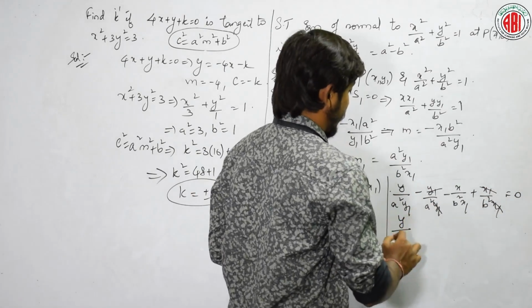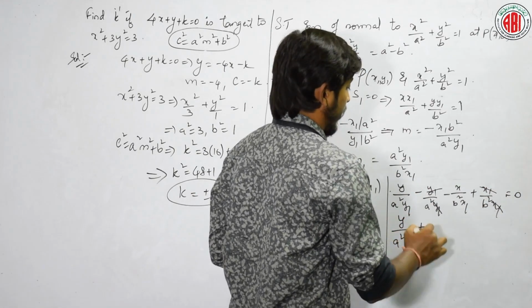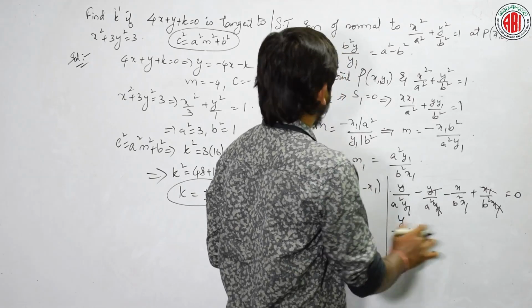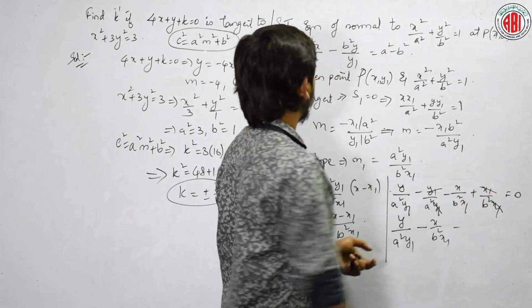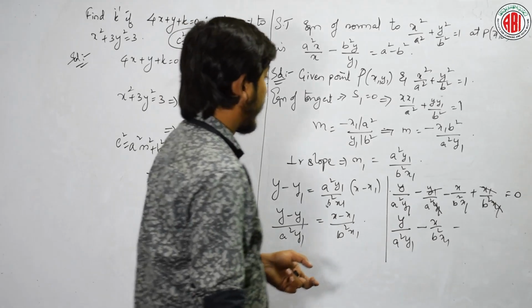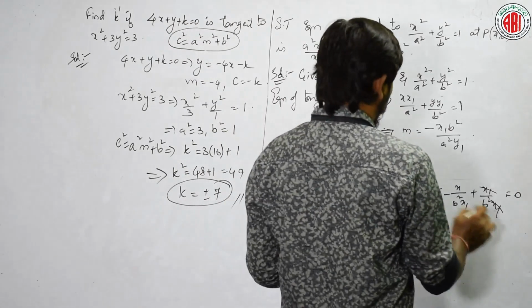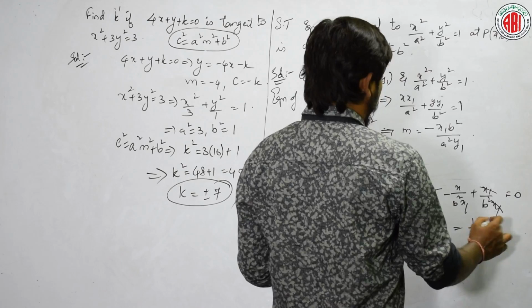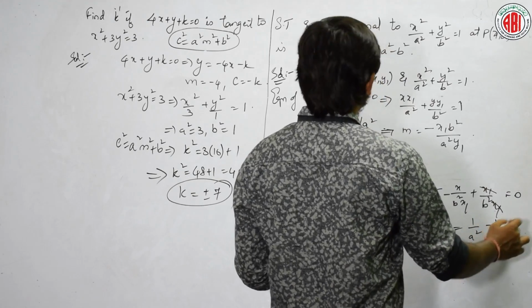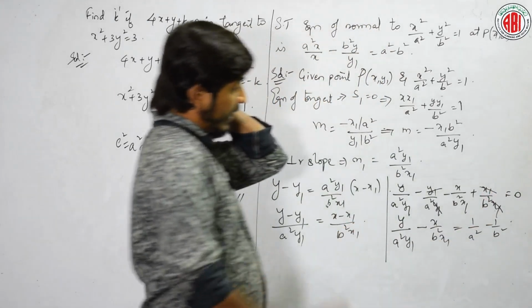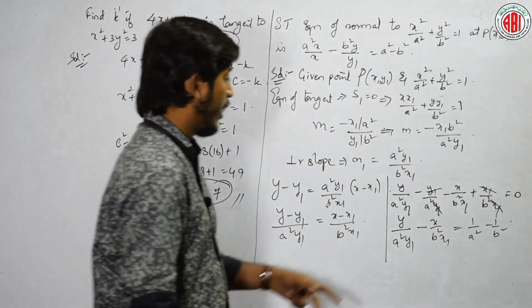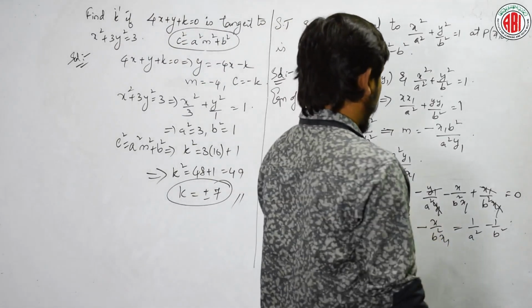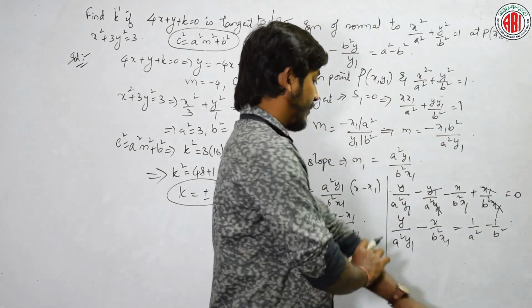This will be y by a square y1 minus x by b square x1. Is it right? That is equal to 1 by a square minus 1 by b square. So, if I take LCM and simplify, we will get that equation. Okay. So, let us multiply a square b square on all the sides.